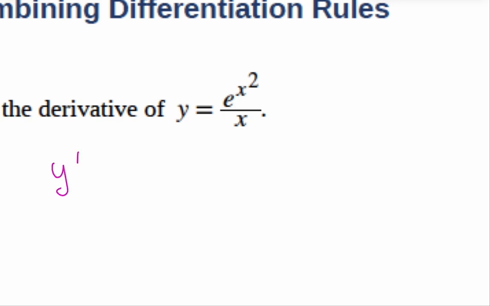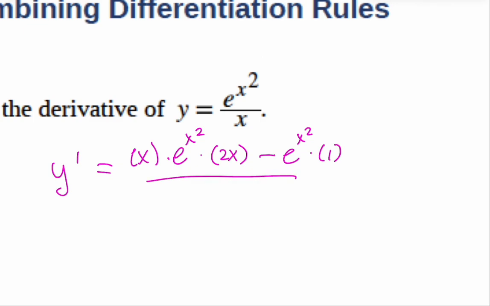So when we do this derivative, we're going to do the bottom times the derivative of the top. Now the top has an e in it, so the e just stays exactly like it started, but we're going to multiply by the derivative of the function that was stuck. So the derivative of x squared is 2x, minus the top times the derivative of the bottom, all over the bottom squared.